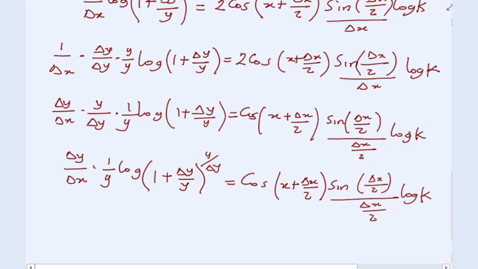So the next thing I'm going to be doing, so now you can see what we are getting. The next thing I will do is to take the limit of both sides. On the left hand side, this is a function of y, so I take the limit as delta y goes to 0.